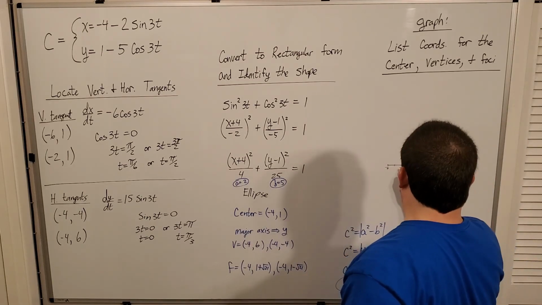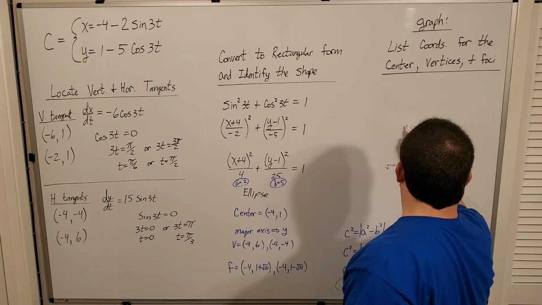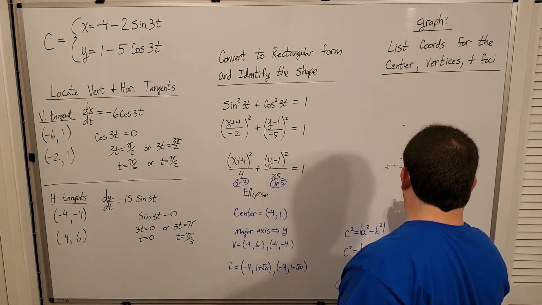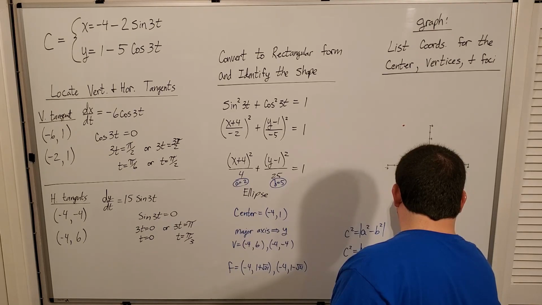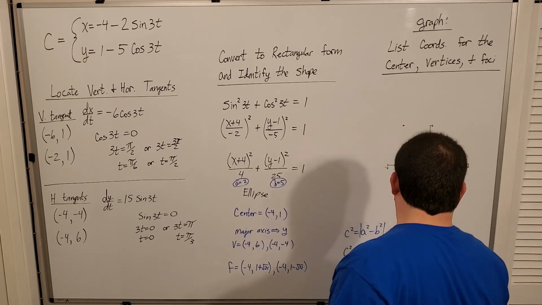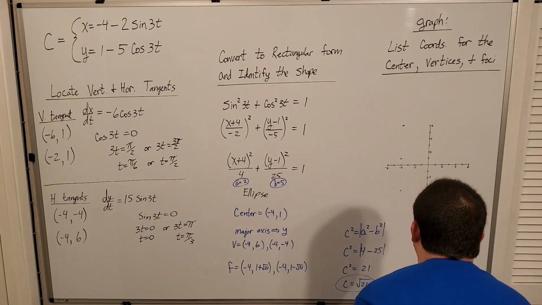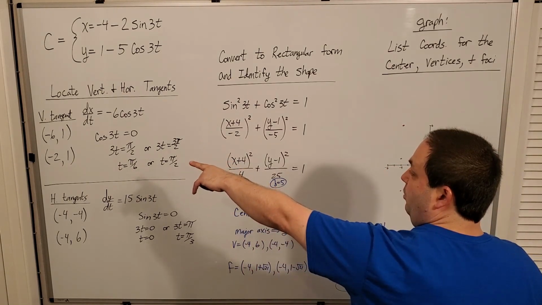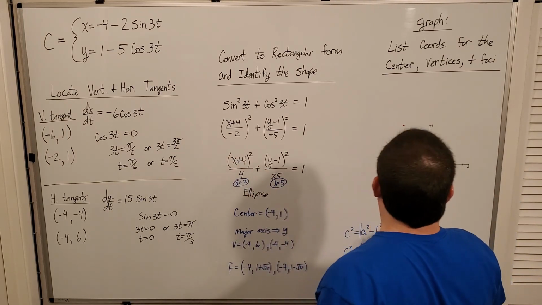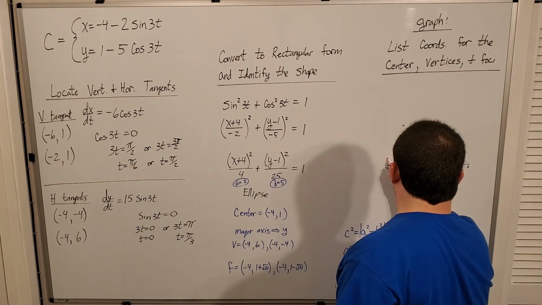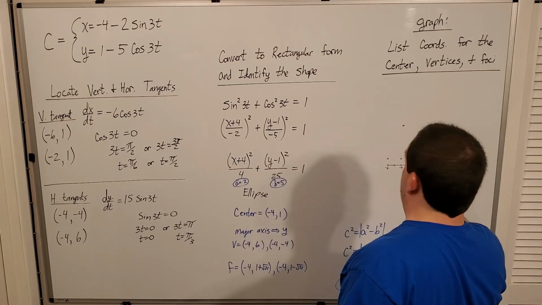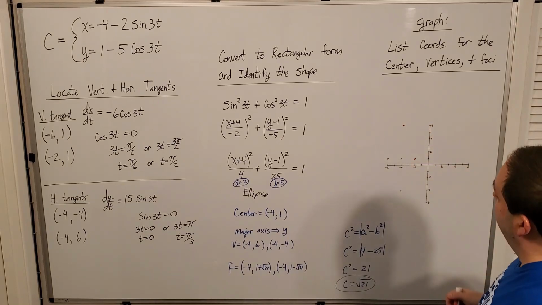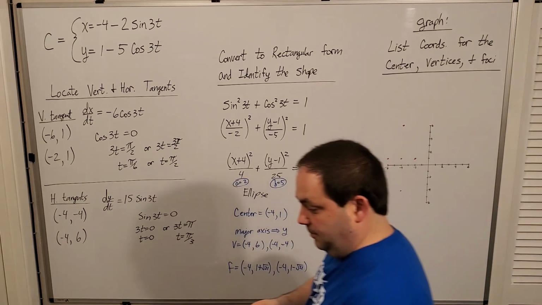We're going to have negative 4, 6, negative 4, negative 4. Then I've got my other two tangency points over there, the negative 6, 1, and the negative 2, 1. You can see it's starting to come together as an ellipse there, right?